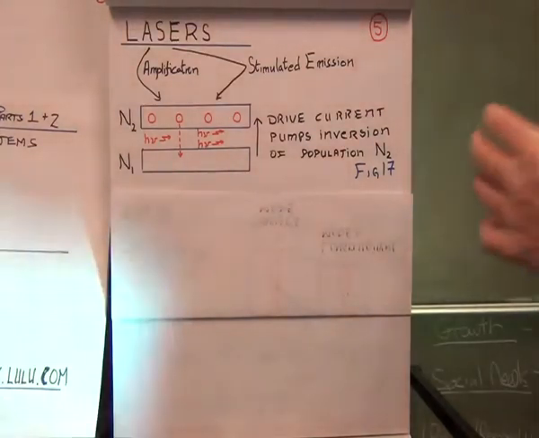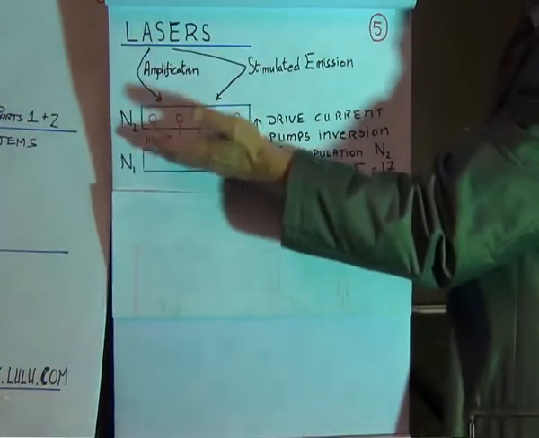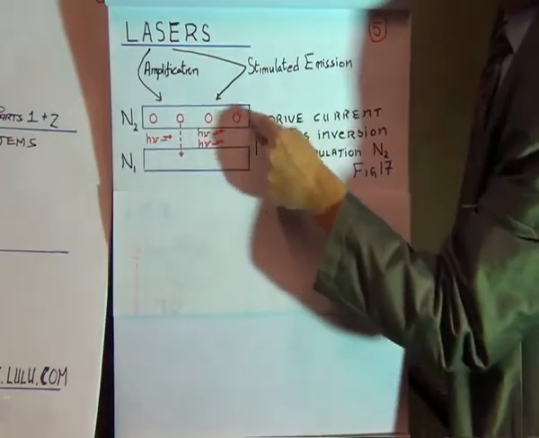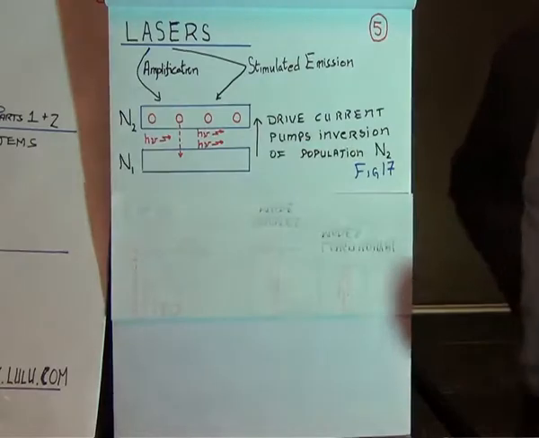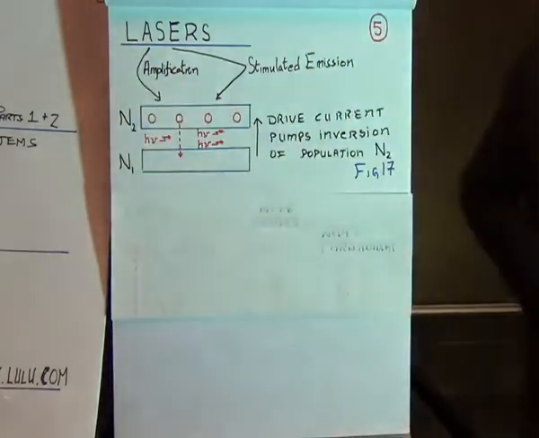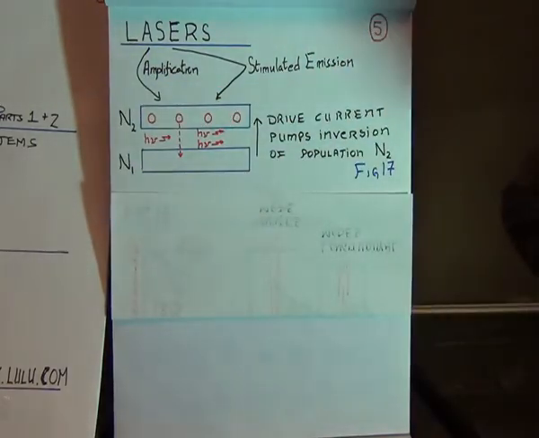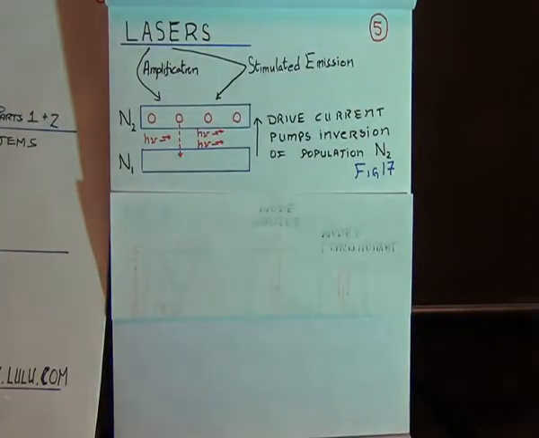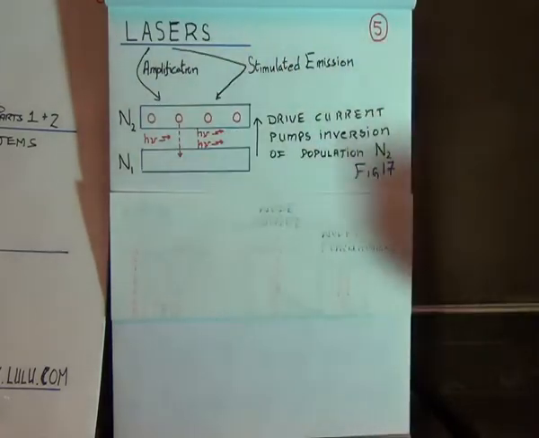And the only way you can make sure there's more stimulated emission than stimulated absorption is to ensure there's a bigger population up here. N2 must be bigger than N1, which we call population inversion. So now we've got amplification by stimulated emission.